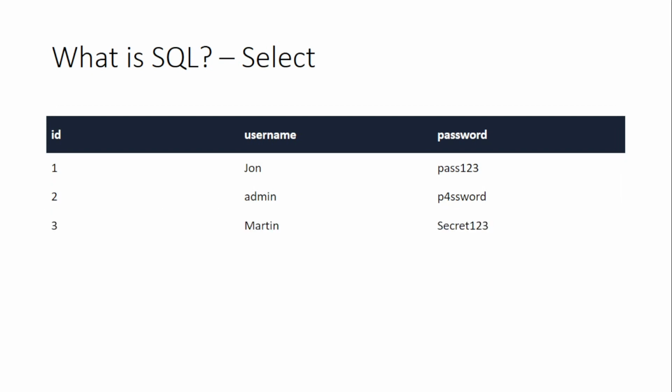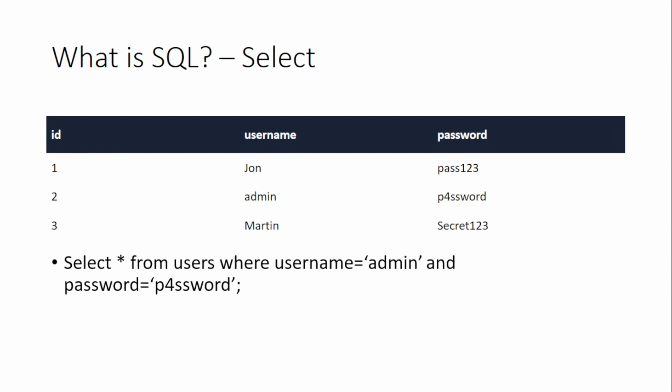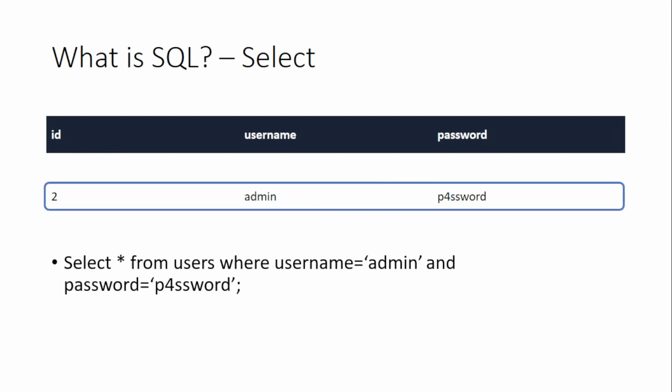We can also use the AND operator to get the database to return something in particular, like here, where username equal admin and password equal P4SSWord. And so we'll end up with this.